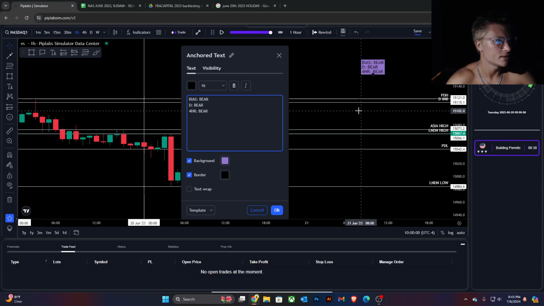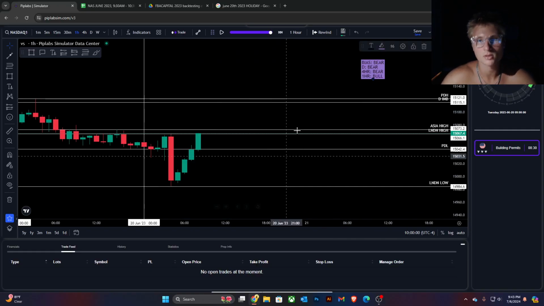And when I say daily and 4 hour, what I mean is the previous daily candle and the previous 4 hour. I only talk about closed candles for my bias. That's very important. 1 hour is bullish.